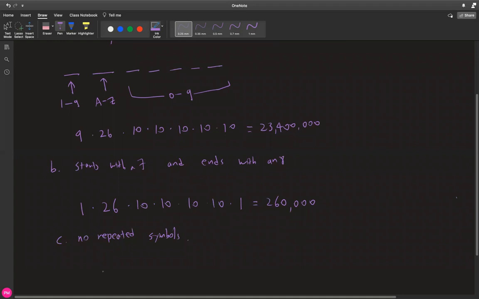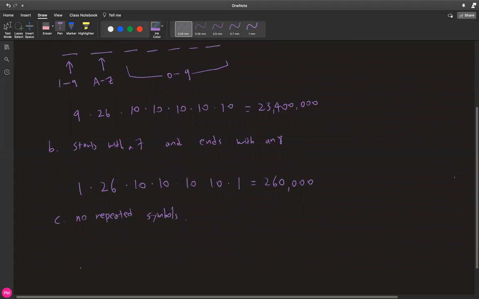So in this case, for the very first place, we can have 9 different choices. For the letter, we can also have 26 different choices. But for the third place, because we already used one number, 1 through 9, we only have 9 different choices.